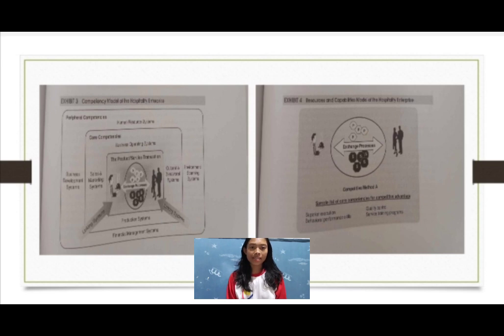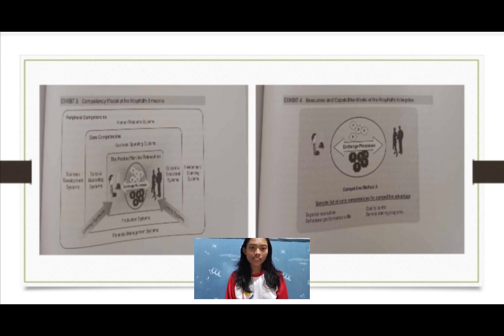This competency model can be applied strategically throughout the organization. It guides talent acquisition by identifying candidates with desired skills and attributes for specific roles. It informs performance management by establishing clear expectations and providing constructive feedback based on competency levels.